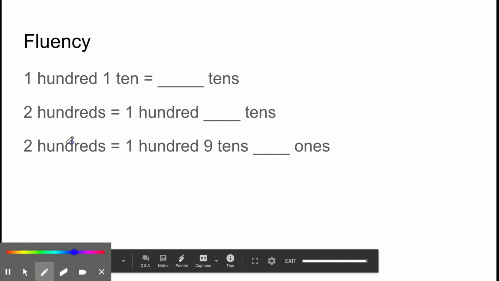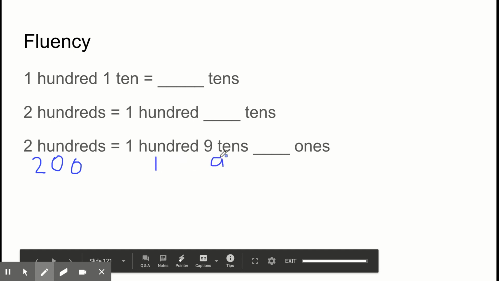Let's talk about this. 2 hundreds, the number is 200, just like this. 1 hundred, 9 tens, so that would be 190. How many more ones would you need to get to 200?